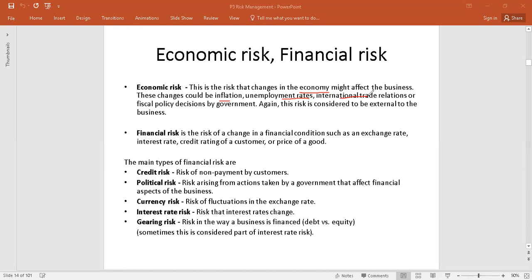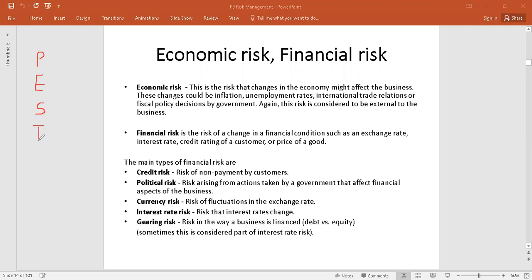Again, this risk is considered to be external to the business. We have an analysis in APM which we've learned about, which is PEST. All of them are external. The first category of risk which we studied was related to the political and legal scenario.